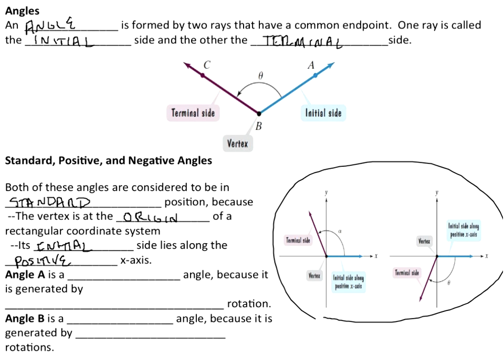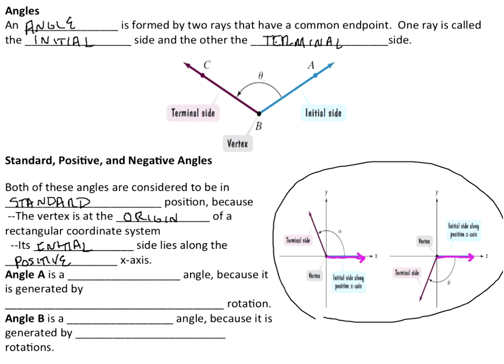So let me grab a pen here and make it a little bit thicker. We're looking at the initial side of these angles running along the positive side of the x-axis. That's why both of these angles are considered to be in standard position.